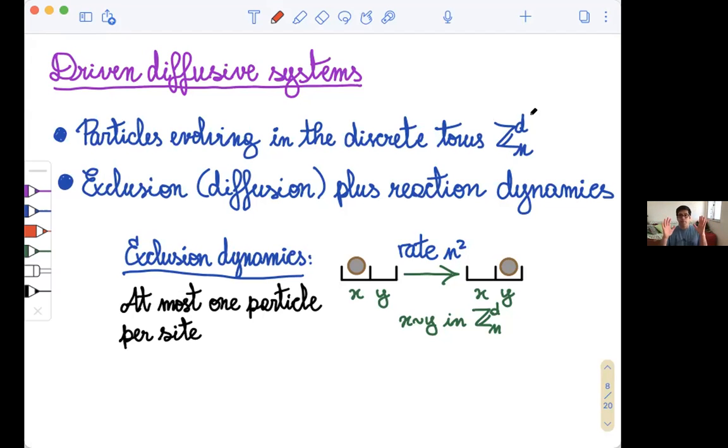It's just the integer lattice modulo N. Okay, so the integer lattice modulo N is actually a discrete torus. So it's periodic in the d directions.